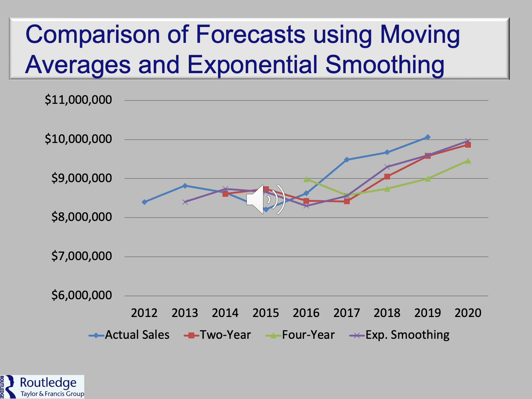And so this is a great visual. If you'll look, the blue line represents actual sales for this specific company. The red line is your 2-year moving average forecast. The green line is your 4-year moving average forecast. And then that purple line, which overlaps pretty closely with that 2-year, is your exponential smoothing. You can do some comparison.